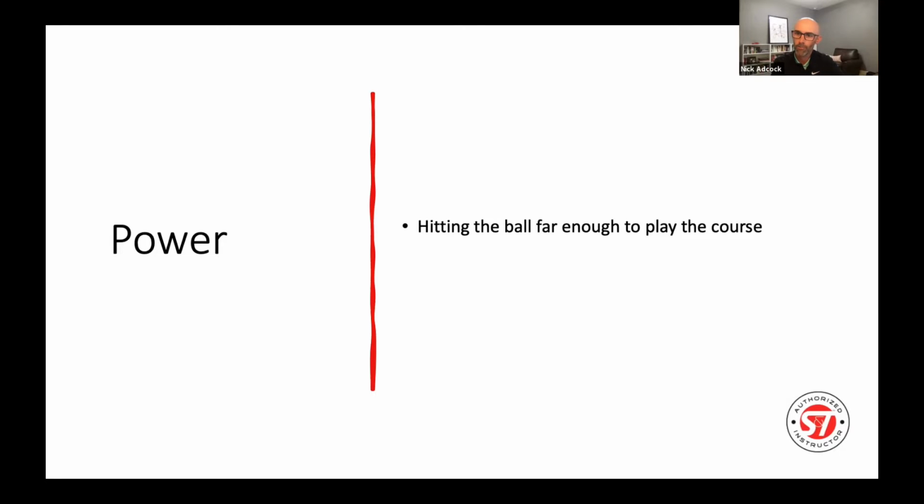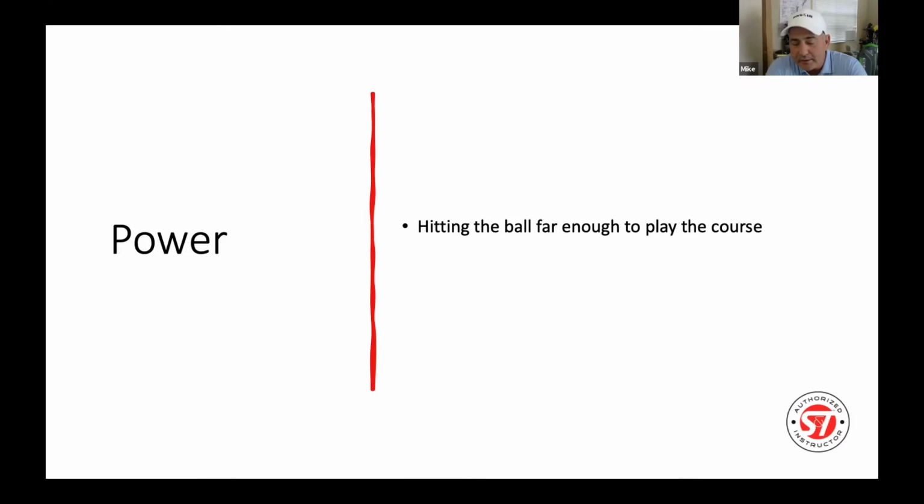I pulled up the TrackMan report for another student at the academy and said, this other player swings at 108 but carries at 268 because he's making better contact. So your effort to swing harder and make the ball go further is actually sacrificing you all these yards. So if you can dial it back for me a little bit, you're going to make better contact, your smash goes up, and your carry goes up with less work. So there's always going to be a trade-off, but there's a very close relationship, whether it's driver or an iron.